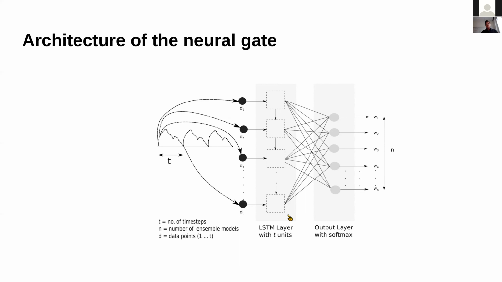So that's quite simple and neat. This neural gate is computationally very simple. It's a single layer LSTM with only 16 units. At least that's the architecture that I've chosen for the data set.